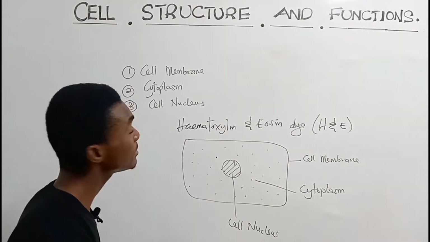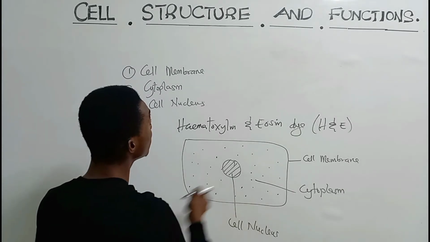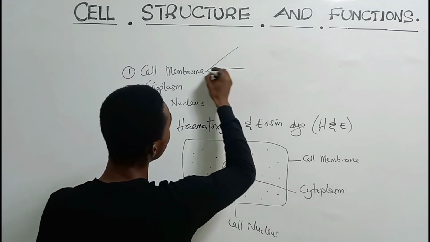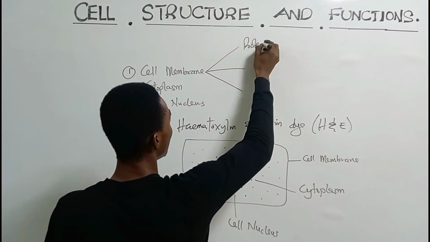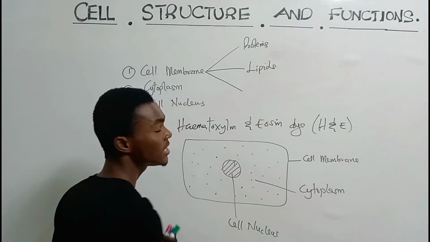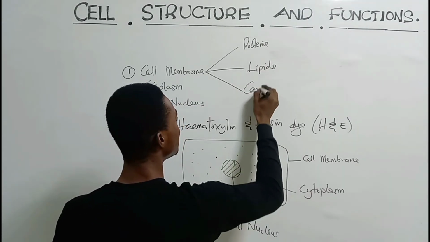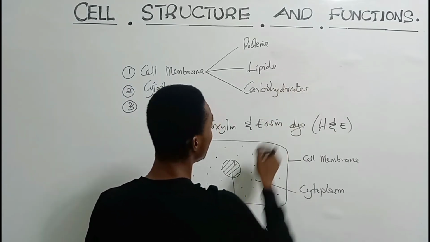So what are you trying to say? It's making it so special, right? You are saying that the cell membrane structure is made up of what? 3 basic macromolecules, termed as what? The proteins. In the cell membrane you can find some types of lipids. In the cell membrane you can find some traces of carbohydrates. Is that okay? Awesome. Take note of these.